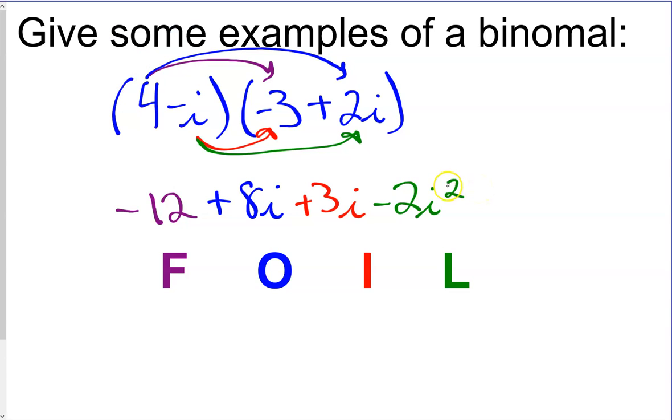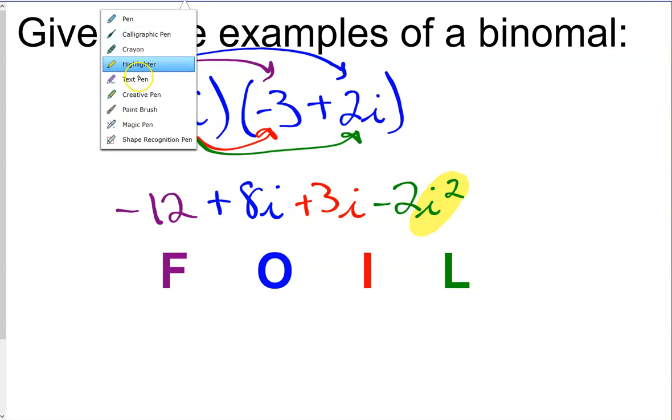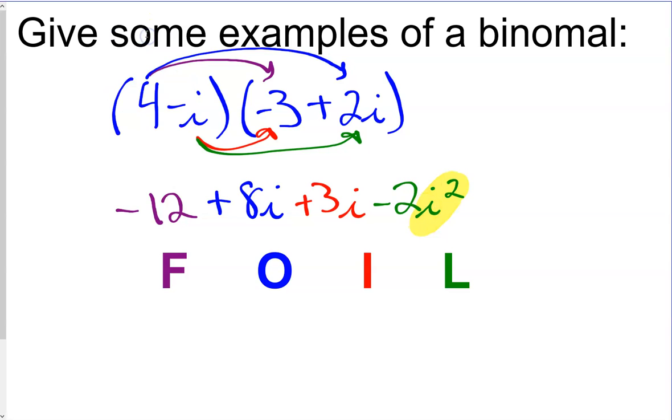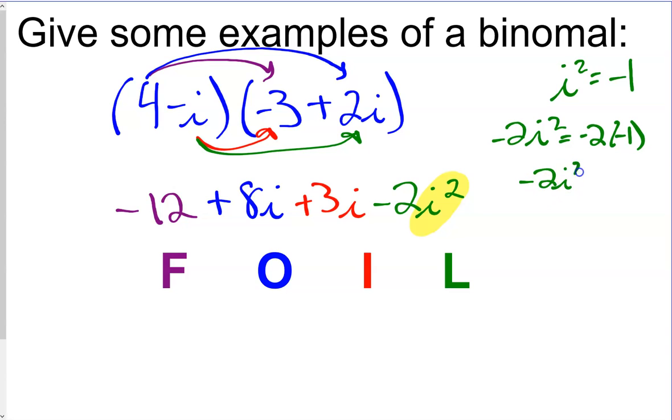All right. i squared showed up again, so we have to remind ourselves what that means. Having an i squared is the same thing as having a negative 1. Okay, i squared equals negative 1. So to have negative 2i squared, that's like saying negative 2 times negative 1. So negative 2i squared is just the number 2.